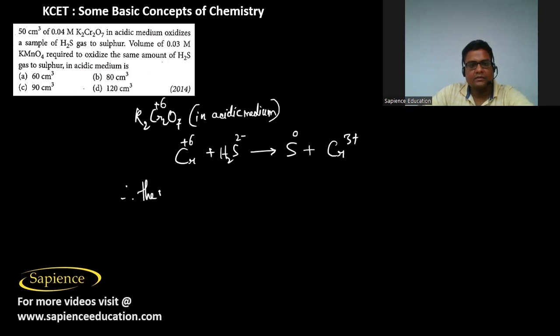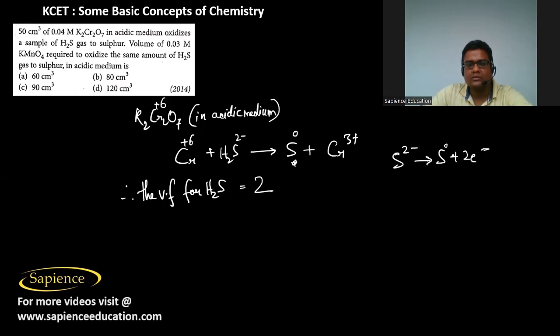Therefore the valency factor for H2S is equal to 2, since H2S has to lose 2 electrons. Sulfur in the 2 minus oxidation state has to lose 2 electrons to have 0 oxidation state.